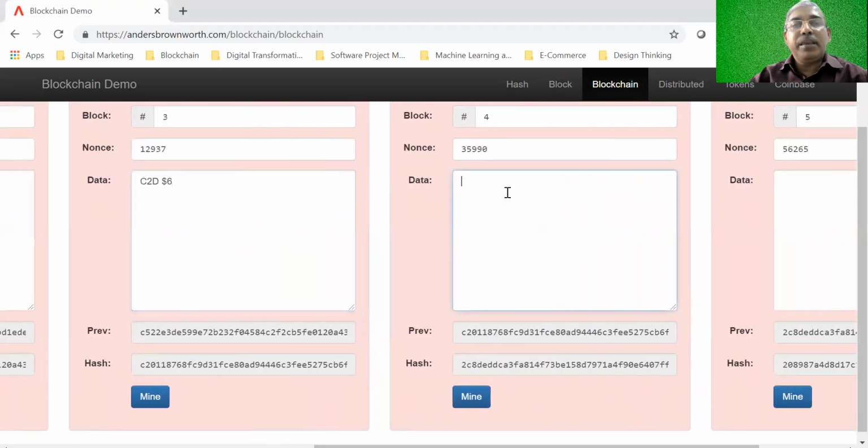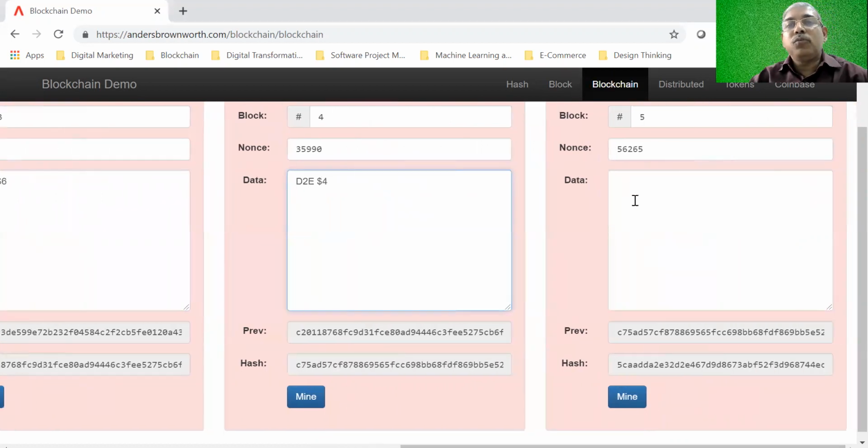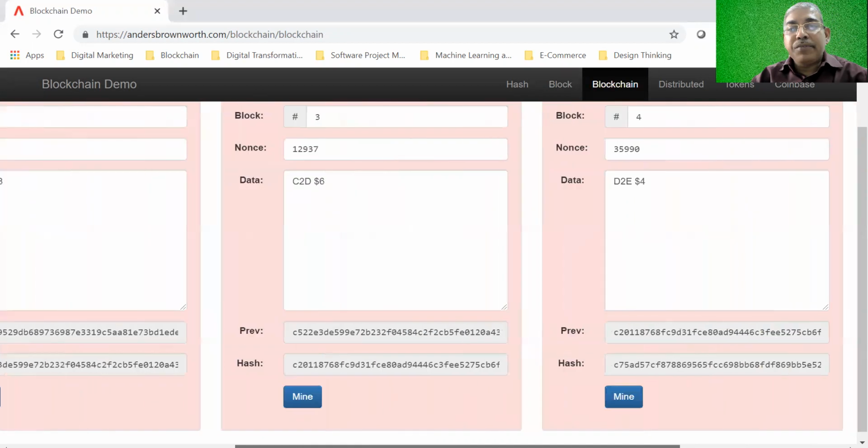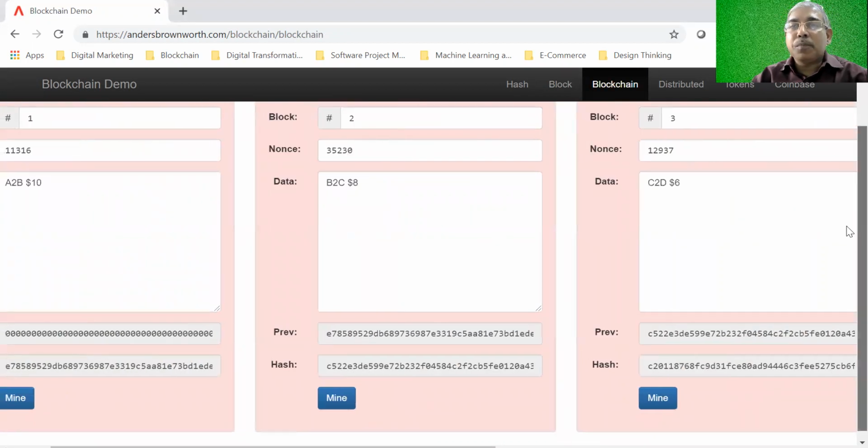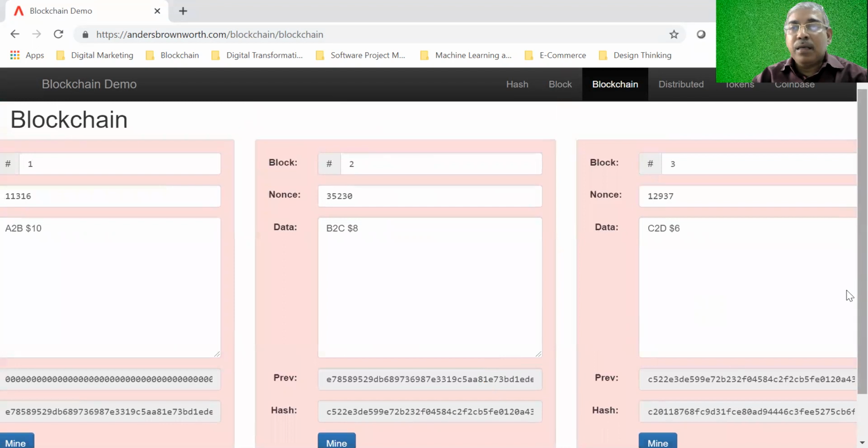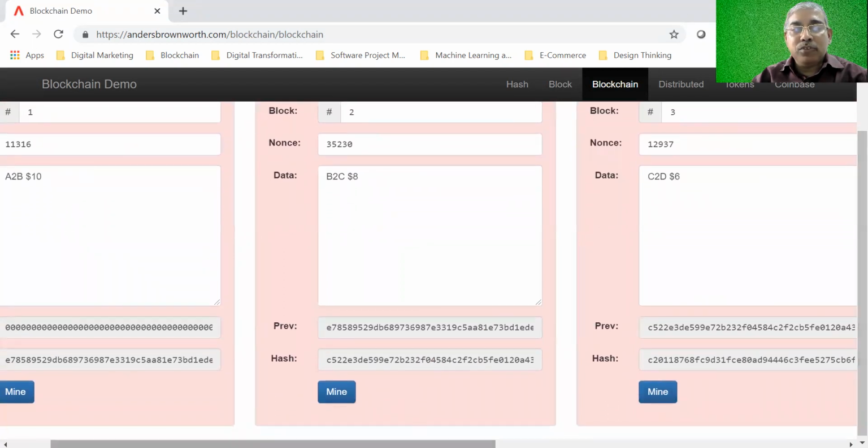And D to E $4, and E to F $2. So we have crudely represented a monetary transaction. This is not how it is typically represented in Bitcoin or any other blockchain for that matter.